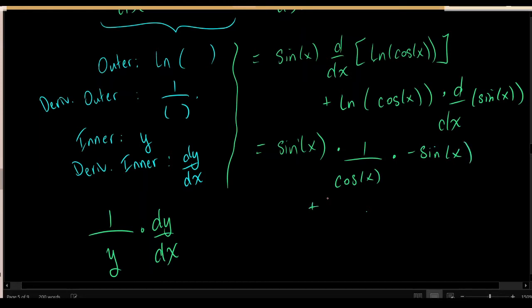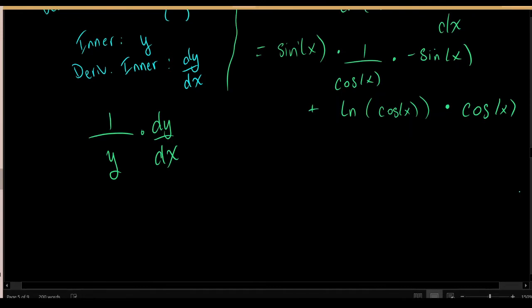And in the second line, we have natural log of cosine x times regular cosine x. Okay, so far so good. So let's put those two parts of the equation together.